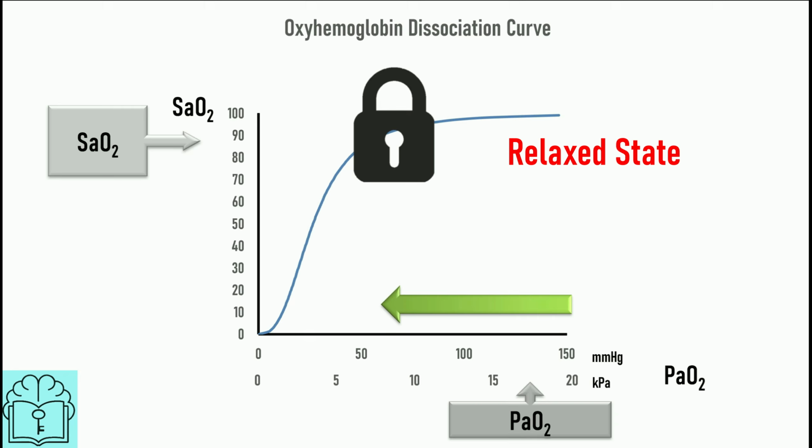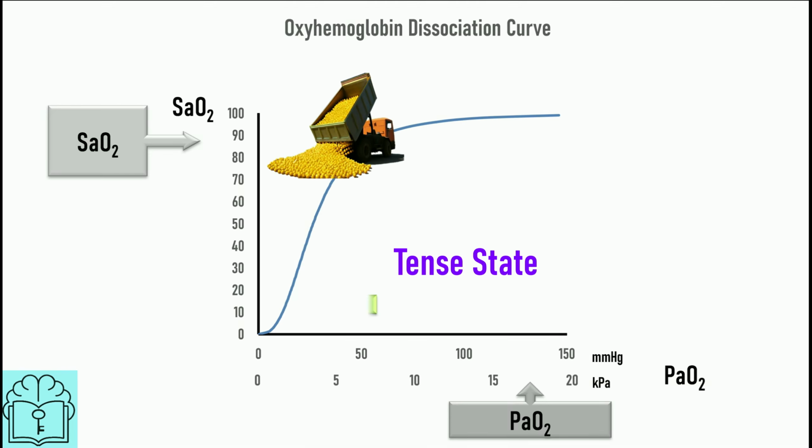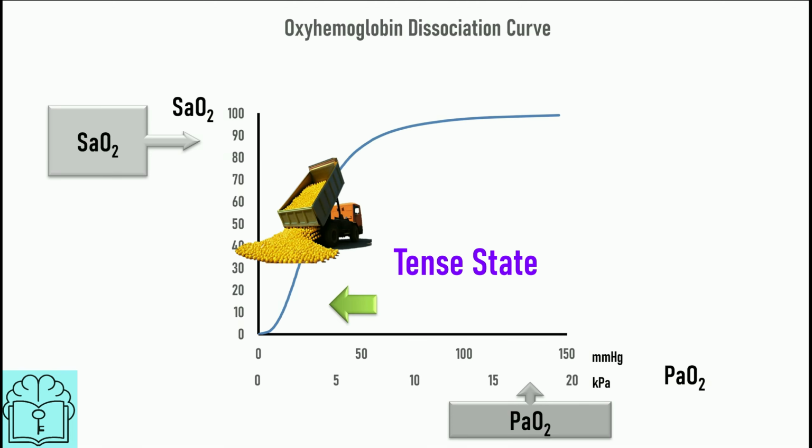When the plasma PO2 falls to a specific level, usually around 8 kilopascals or 60 millimeters of mercury, or a saturation of about 90%, the lock opens and the curve rapidly descends downwards. This corresponds to the point where hemoglobin starts to dump oxygen.